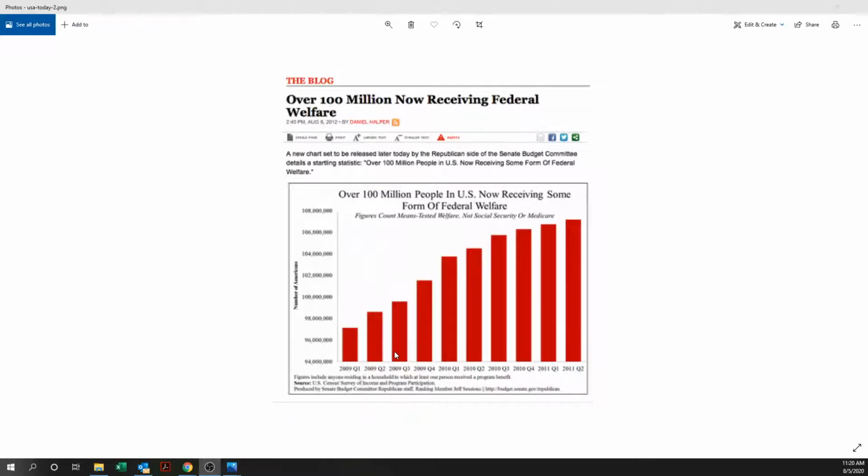This example is from USA Today. This diagram I found from USA Today is a very fuzzy graph that has too much information and misleads the audience. If you look at this diagram, it makes our welfare problem look like it's spiraling out of control, right? You can see it's really out of control.